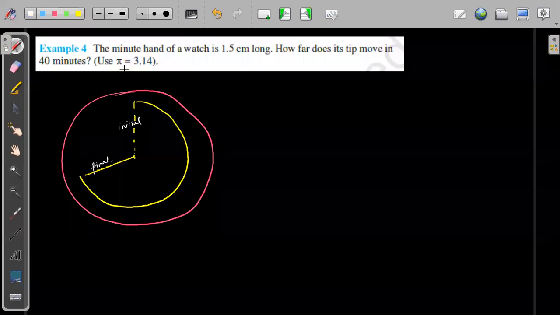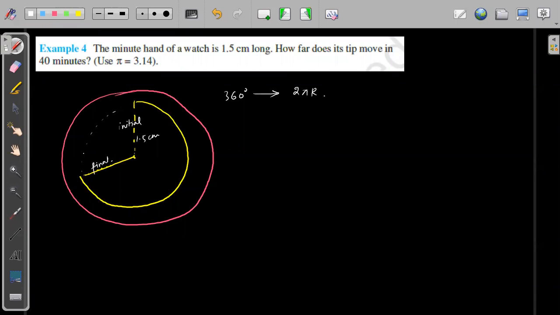Now see, the minute hand of the watch is 1.5 centimeter long. If it has taken complete 60 minutes, then in 360 degrees it would have covered 2 pi r distance, the complete circumference.